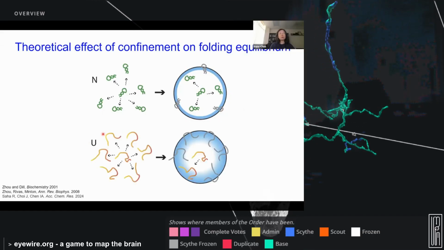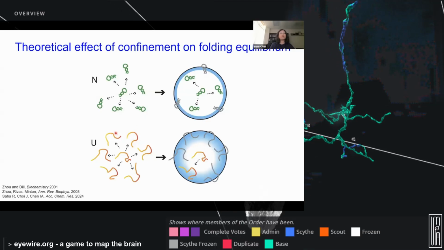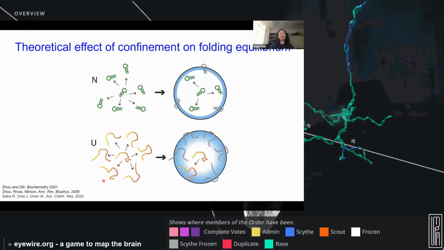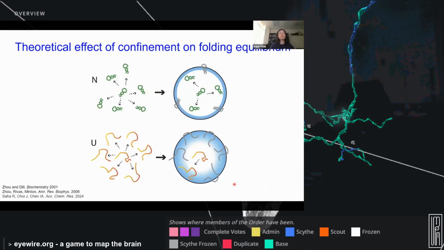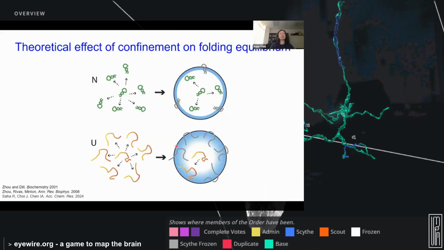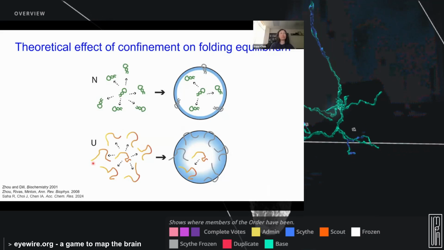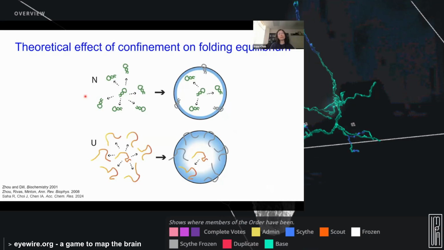If you have an unfolded, not compact, flopping all over the place RNA, and then you apply the same boundary constraint, then only a few of the configurations are still allowed. A greater fraction of these possible configurations are disallowed when you have the unfolded versus the native state.